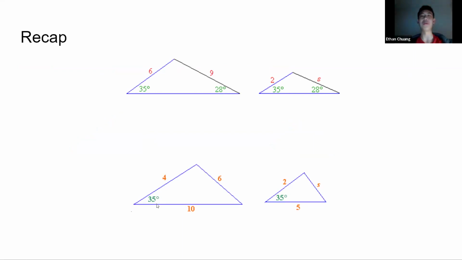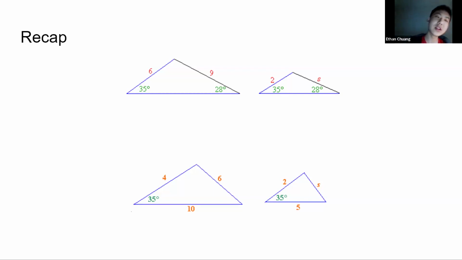All right, so why is the first one S equals 3? Can someone explain where they got the number 3 from?